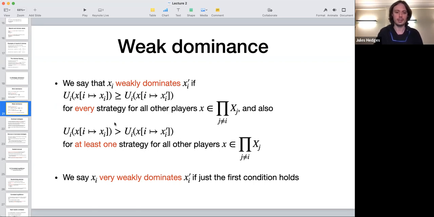So in this case, the second thing is not worse than the first thing in every possible situation. And then we have very weak domination if we have only the first condition. So we only have greater than or equal to everywhere.